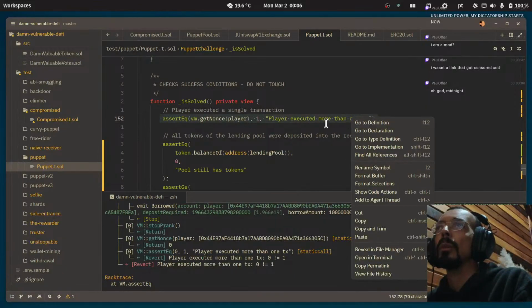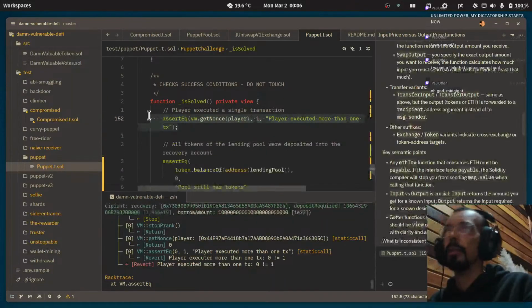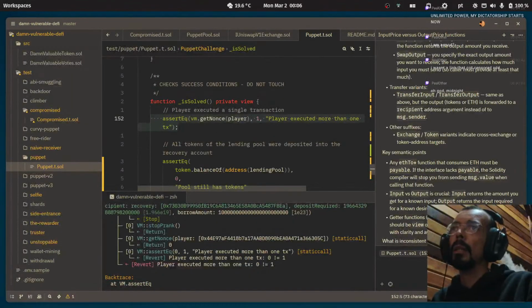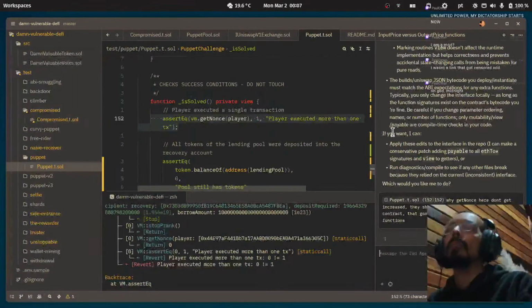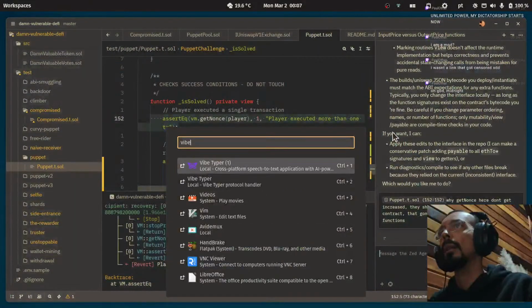I want to see how to fix that, because I would want to, why get nonsense here, don't get increase. It should. I know if I deploy a contract, that's gonna be increase. But why others functions? I should be using my vibe typer.